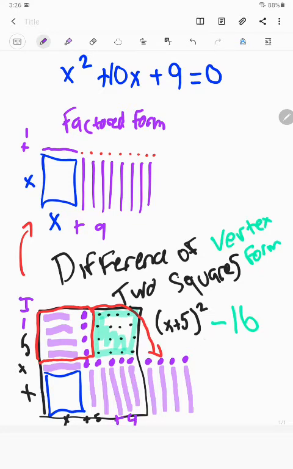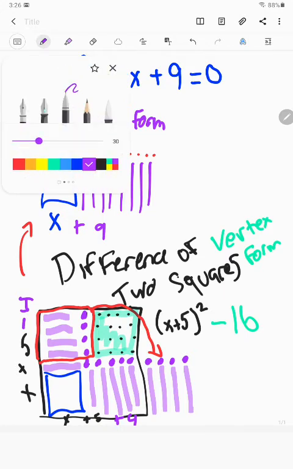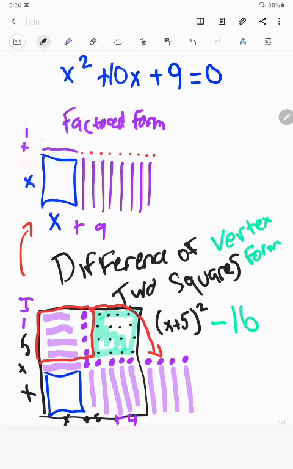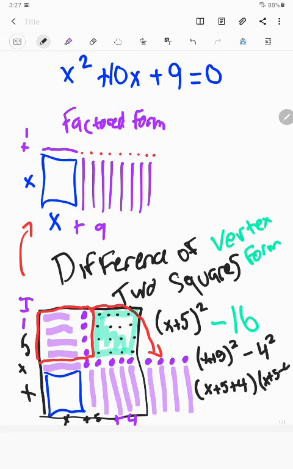So the algebra that would go with what I just did, which is really just going from standard form to vertex form to factored form, is x plus 5 squared, but we have a minus 4 squared, and then to get it in rectangular form, we have x plus 5 plus 4 and x plus 5 minus 4. Alright, so I get x plus 9 and x plus 1, and they already know how to solve that.